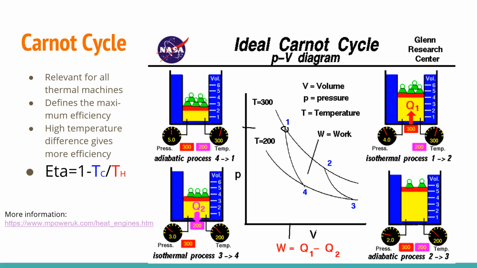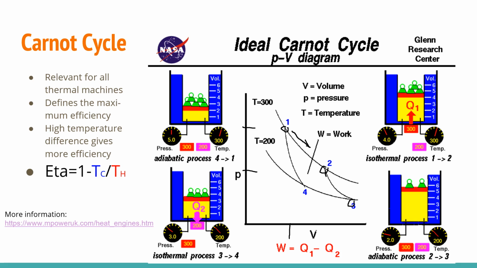And then you change something. In this case, you change the pressure, going from 1 to 2. The pressure is going down to a lower level. And from this point, you keep it, and now you change the temperature. You keep the pressure and you change the temperature, and then you have a lower temperature.